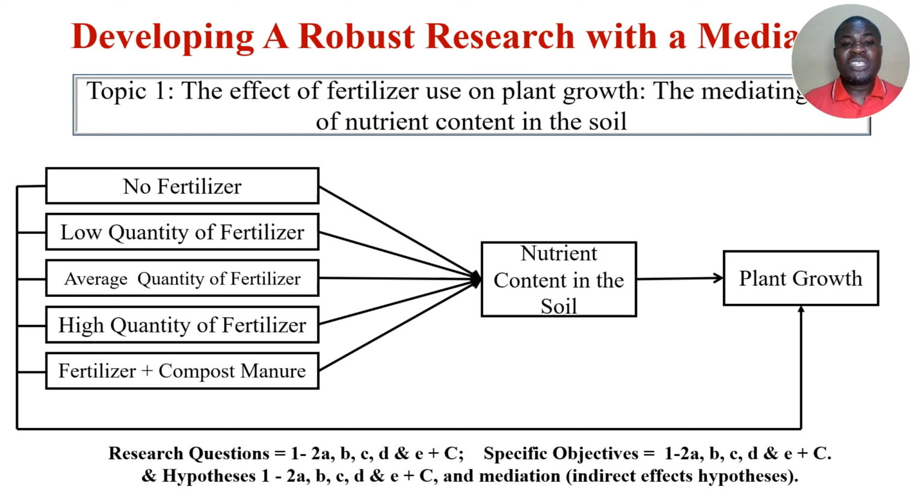So when the path from the independent variable to the dependent variable is statistically significant, and the path from the independent variable to the mediator variable is statistically significant, and the path from the mediator to the dependent variable is statistically significant, then a mediation is said to have taken place in your research. So here we will have robust research questions to ask. So this is how you can make your work more robust using a research model like this.